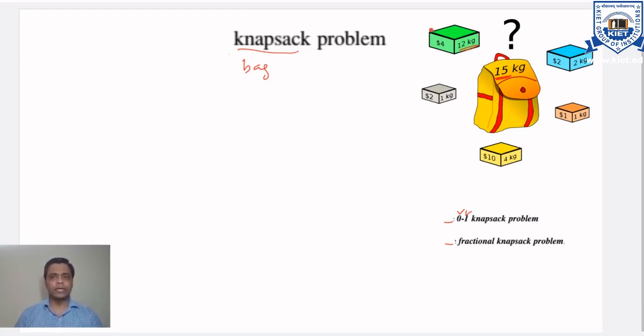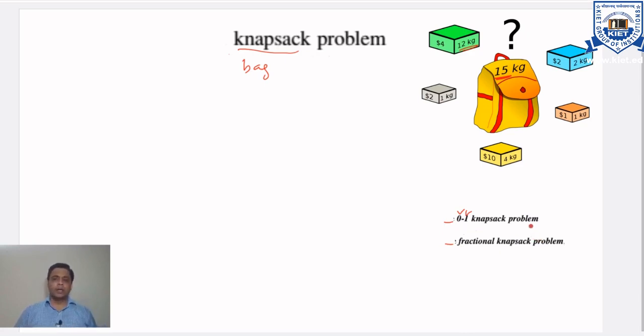So you could take any fraction of this item. So in the thief example, if the thief has a choice to pick the item in fraction, then that knapsack problem is known as the fractional knapsack problem. If the thief doesn't have a choice to take the item in fraction, then that would be the 0-1 knapsack problem.